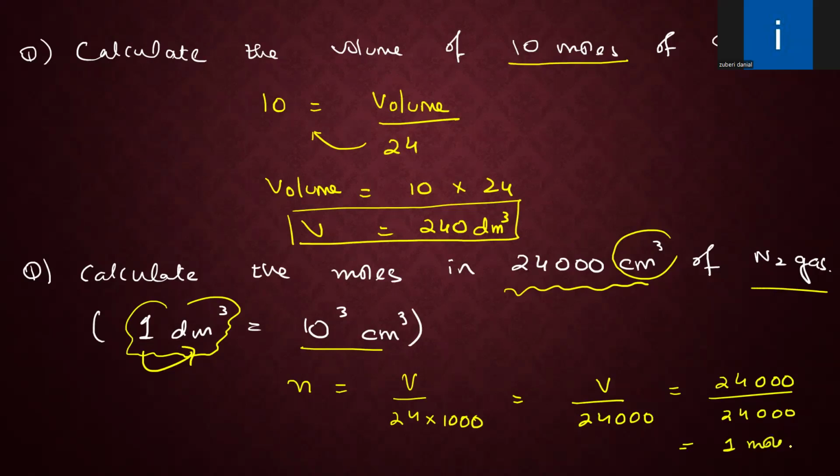Okay. But one more thing that's very important here is most of the students use this formula without keeping in mind that this formula of volume here basically is always in liters. So we have to make sure that the units for numerator and denominator are both the same. Now, what does that mean? See, we just wrote the formula that was volume over 24, right? But the important thing is in denominator, we wrote liters.